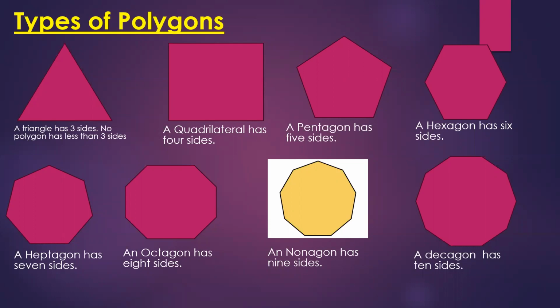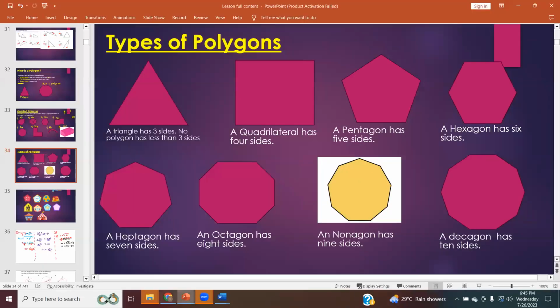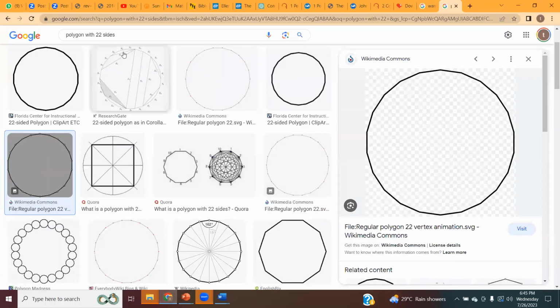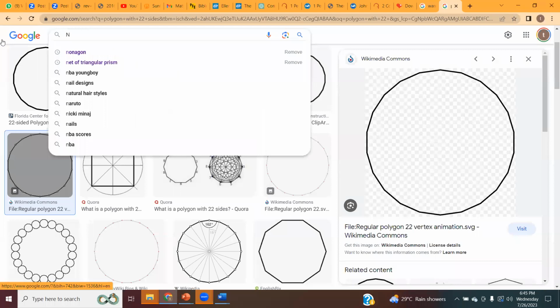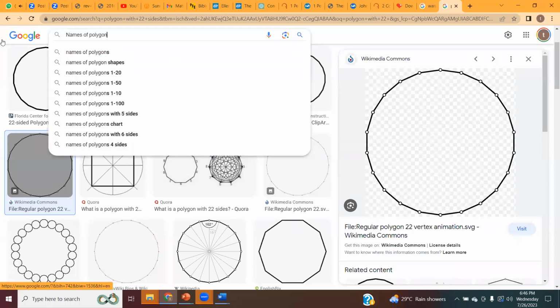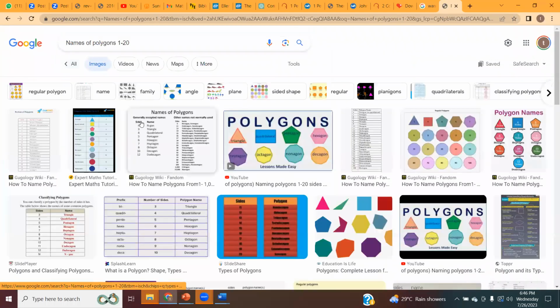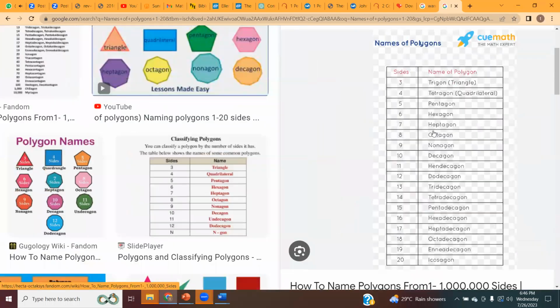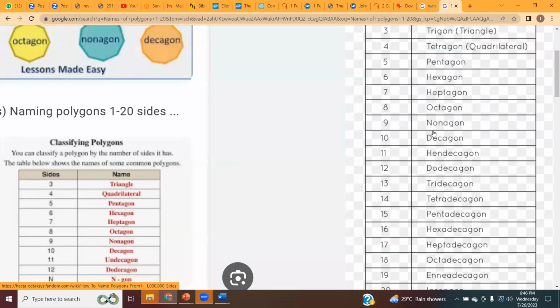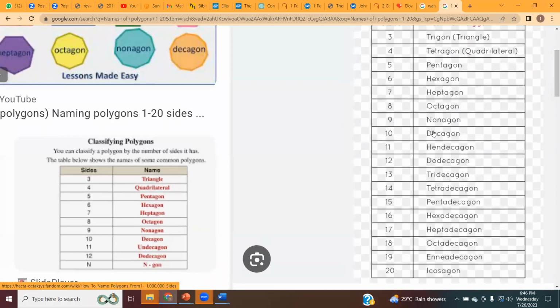So I thought it'll be cool. Before we even do this, I think this will be cool to show because people don't normally show this. I'm going to show you all this, since we're on the topic. I want someone to read it for me. So this is the names of polygons 1 to 20.